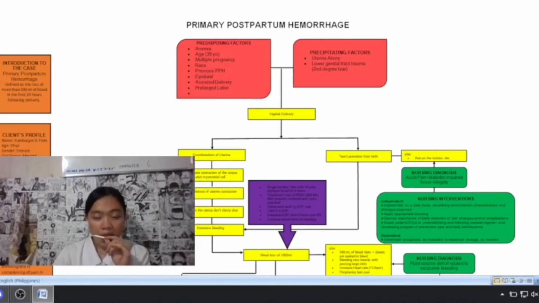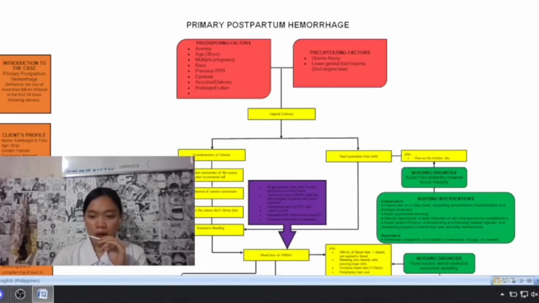Apply appropriate dressing to avoid infection or bacterial contamination. Discuss the importance of early detection of skin changes, assess the patient's understanding and following of the medical regimen, and administer analgesic as a pain reliever to alleviate pain.